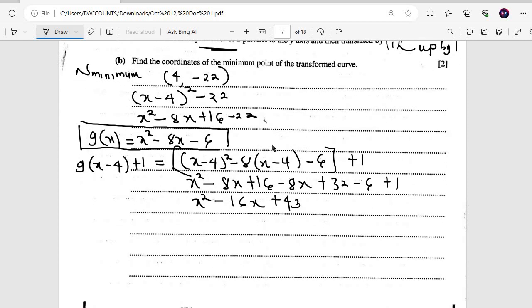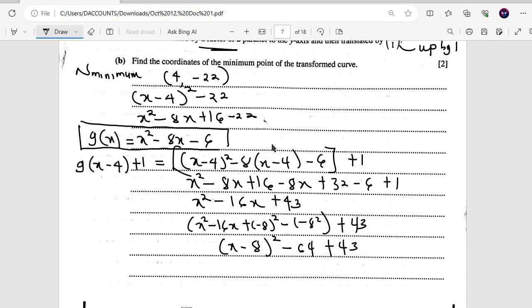So therefore, I can now get the new minimum point of this transformed curve using the same method. That will be x squared minus 16x, plus (minus 16 over 2) squared, plus 43. That will give (x minus 8) all squared minus 64 plus 43.